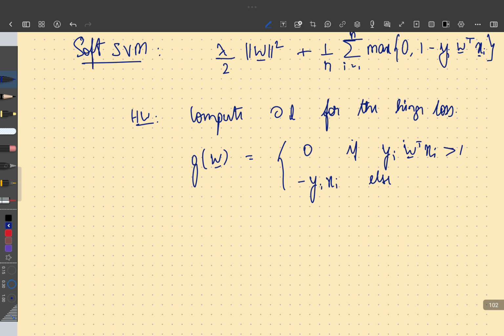So whenever y_i times w transpose x_i is strictly greater than 1 or strictly less than 1, this is exactly equal to the gradient. When y_i times w transpose x_i is equal to 1, then it's not unique.